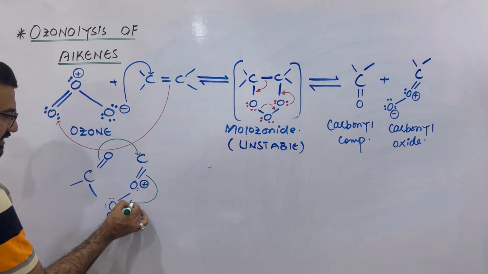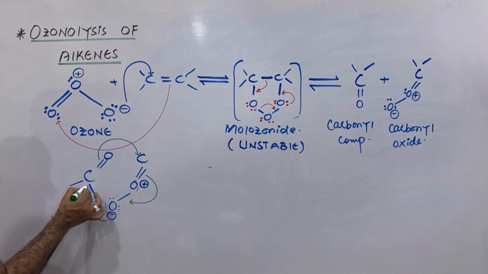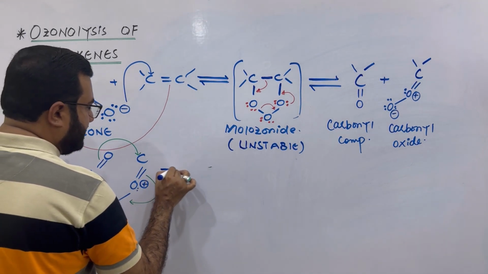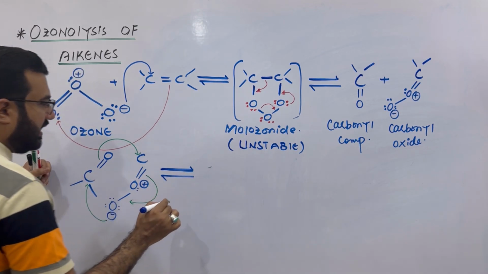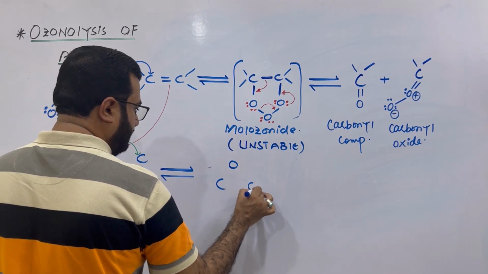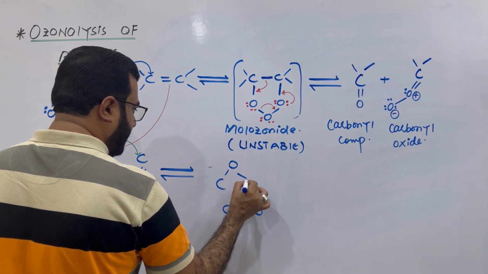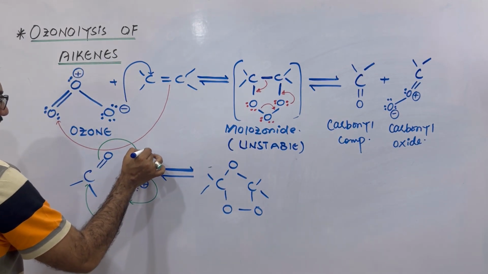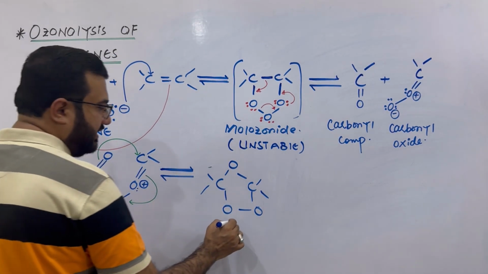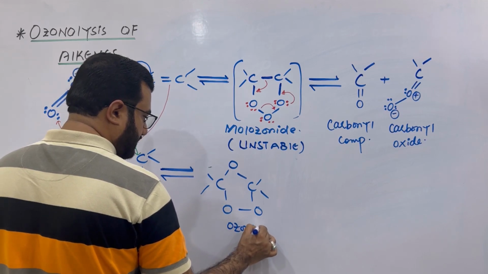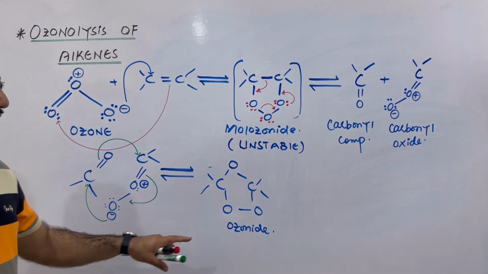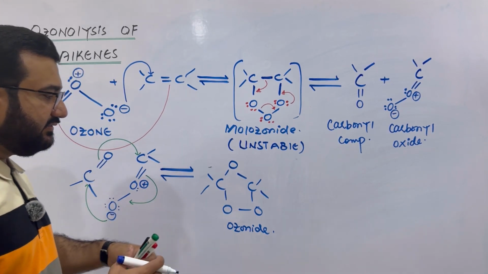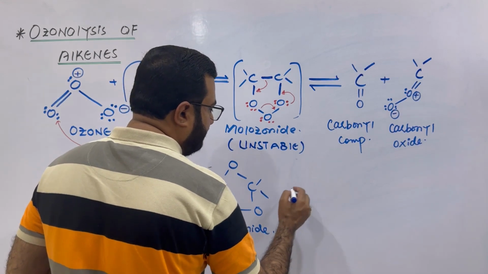This double bond will be shifted here, and this oxygen, because of its negative charge, will attack on the carbon atom. As a result, a highly explosive intermediate is formed, and this highly explosive intermediate is called the ozonide. Because it is highly reactive and explosive, it is not separated from the reaction mixture, rather within the reaction mixture, the workup reaction starts.